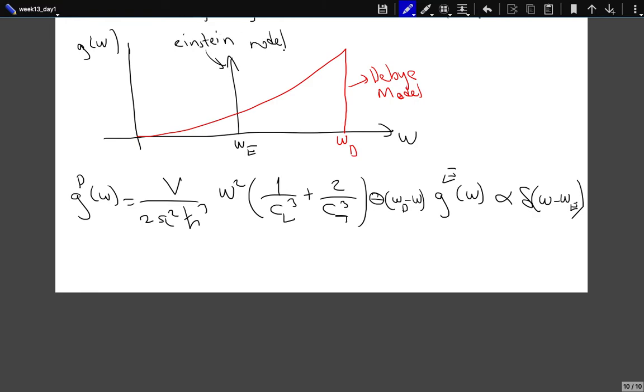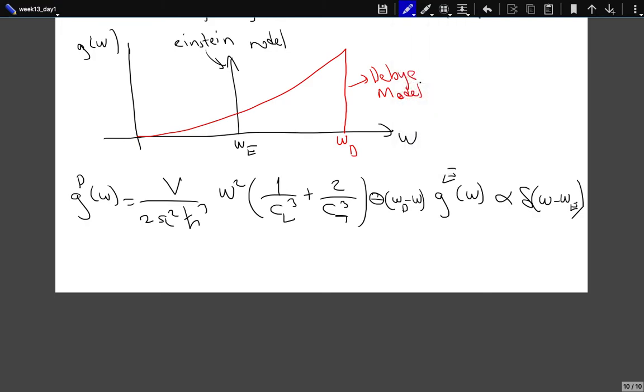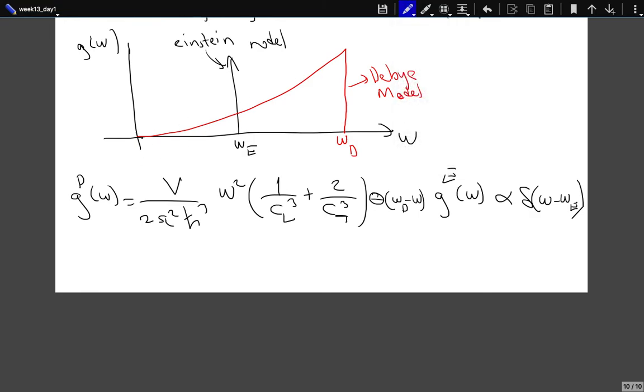And then you have the realistic case, an experimental measurement of a typical density of states for the phonons. Basically looks like this one. You can look it up in your book. So it looks like the Debye model at low frequencies, because at low frequencies you don't really see the internal structure. If you don't see the internal structure, well, if you change your material, nothing will really change except the speeds.